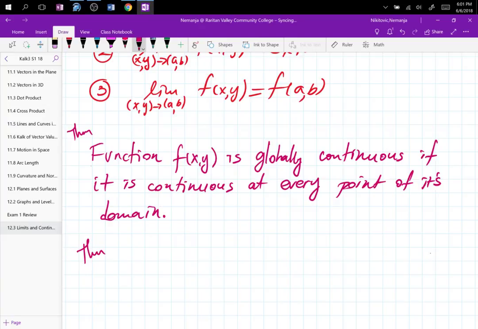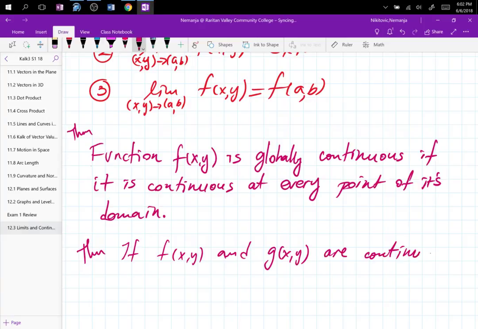If you have multiple continuous functions, their combinations and compositions are also continuous. So if f of x, y and g of x, y are continuous on the domain.